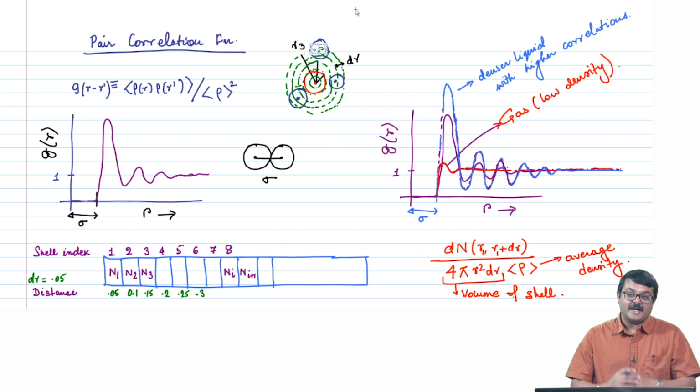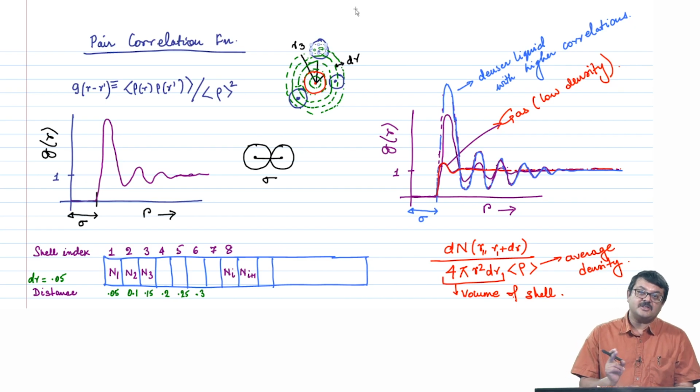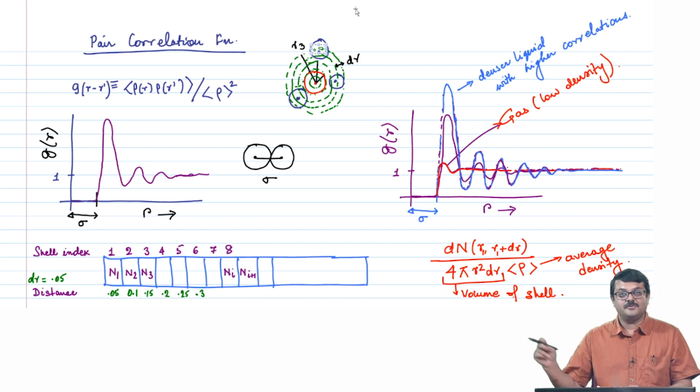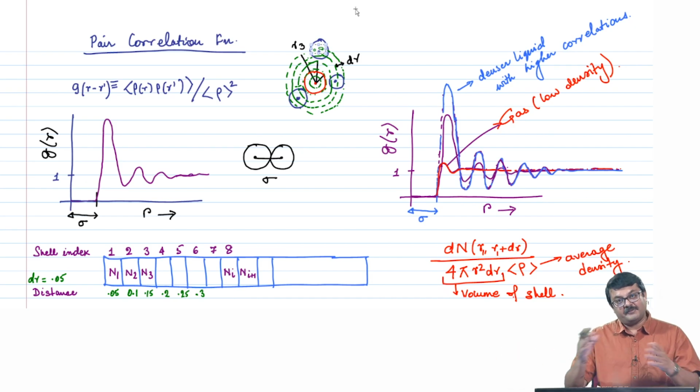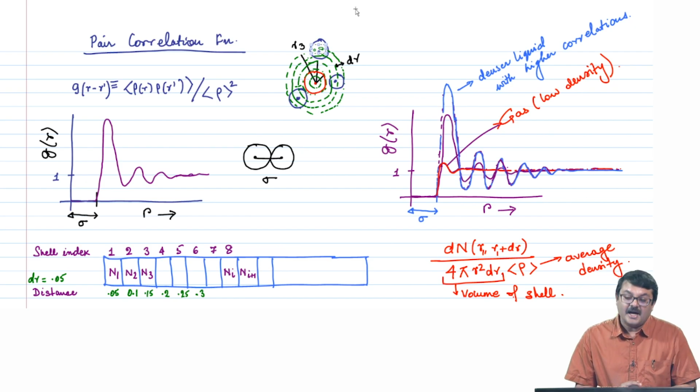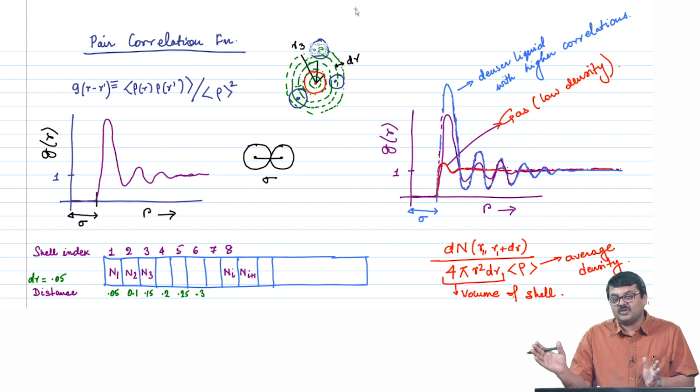And then to get an average, you can average over how many particles were there around 1, 2, 3, 4, 5, because for each particle you can calculate how many particles were there at a distance of r1, r2, r3. And so then you basically calculate an average over all these particles, and then you get a pair correlation function for a particular microstate.